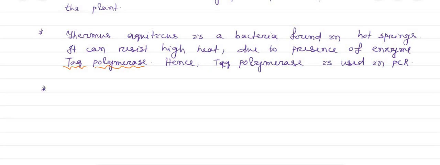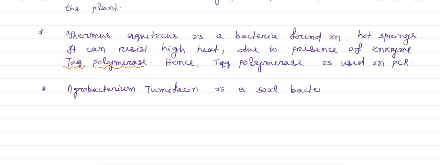Agrobacterium tumefaciens is a soil bacterium and used as a cloning vector.